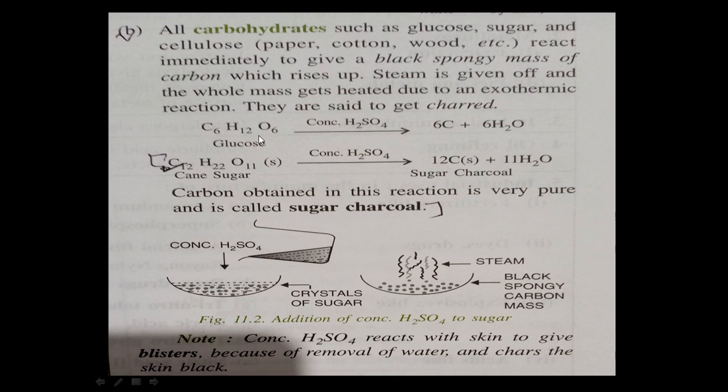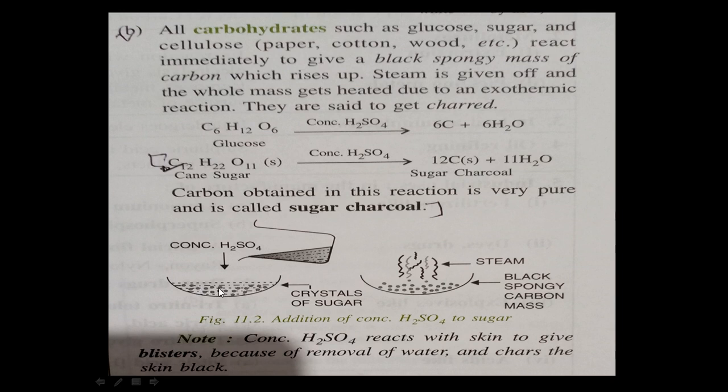So if you remove water molecules from glucose, you will get carbon only, black carbon. From sugar also, if you remove water molecules, you will get sugar charcoal. Carbon obtained in this reaction is very pure and is called sugar charcoal. So what is sugar charcoal? Sugar charcoal is the charcoal obtained when cane sugar combines with concentrated sulfuric acid.